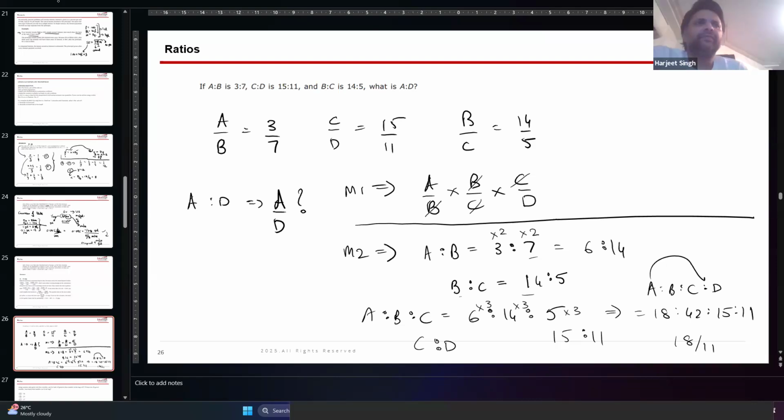Sounds good? So obviously this is simpler, right? But some problems could be better solved in this fashion. So I'm showing the concept of equalizing or normalizing the numbers using the LCM method so that all the ratios can be compared. So how to compare the ratios? Just take the LCMs.